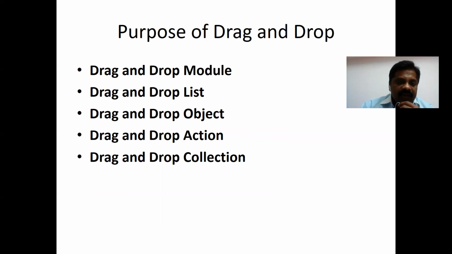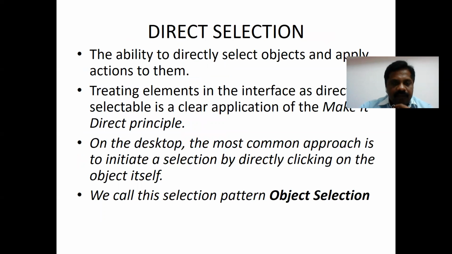And drag and drop list: we have many kinds of things in that list, and we can select any one. Drag and drop object means whichever object is ready to move from one place to another. Drag and drop action: that dragging and dropping is called the action. And drag and drop collection: we collect many objects from one place to another place, which is called drag and drop collection.